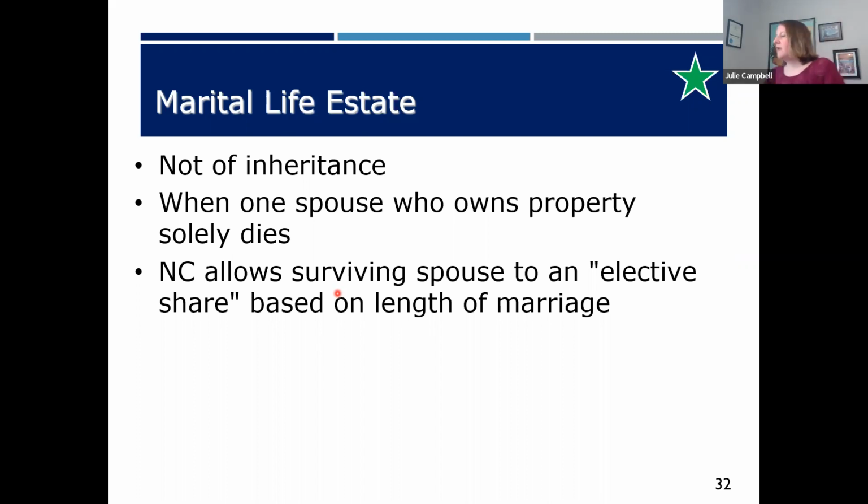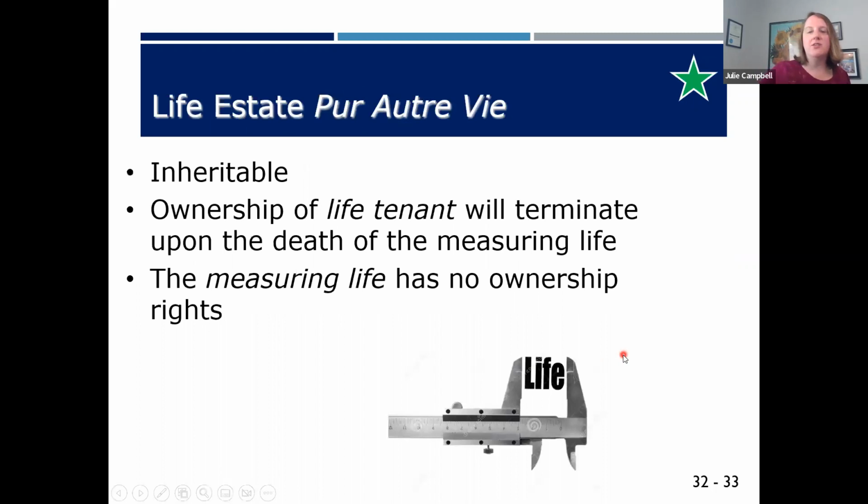The other life estate that we have is called life estate pour autre vie. Did you guys know you're going to learn French today? Life estate pour autre vie means for the life of another. What this estate is, you have the life tenant, the person that owns the property, but then you also have the measuring life.